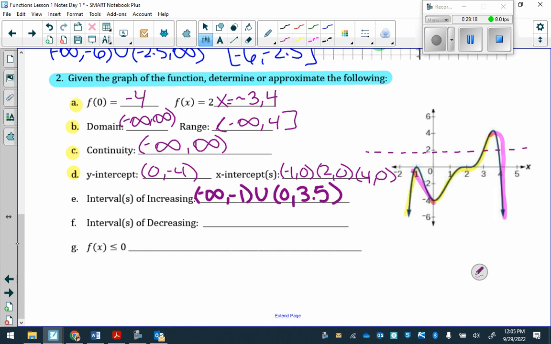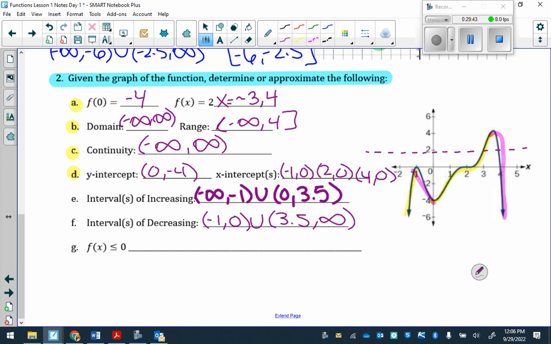Yeah, -1 to 0, x values. Okay. Perfect. Good. And then 3.5 to infinity. It's okay, we're all getting used to this.